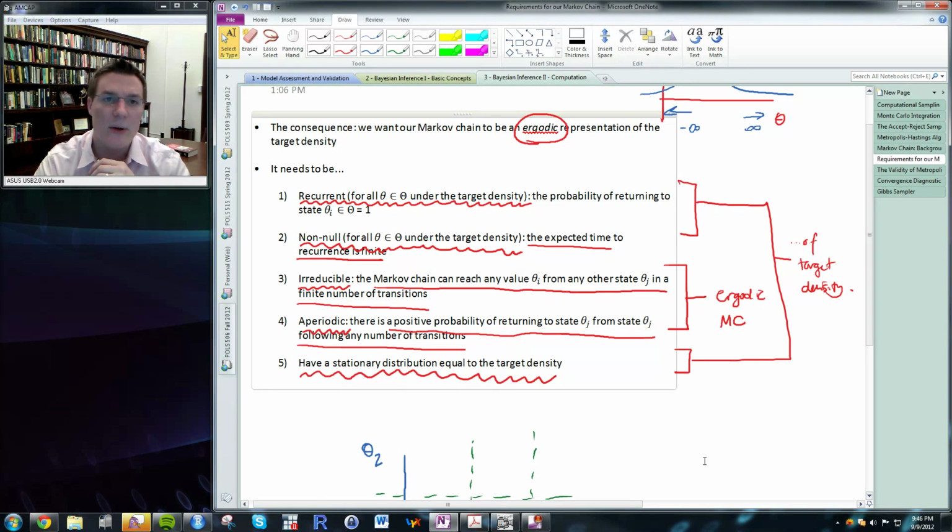In fact, what we're going to do is propose diagnostics to empirically assess whether the Markov chain that we've made is sufficiently irreducible and aperiodic.